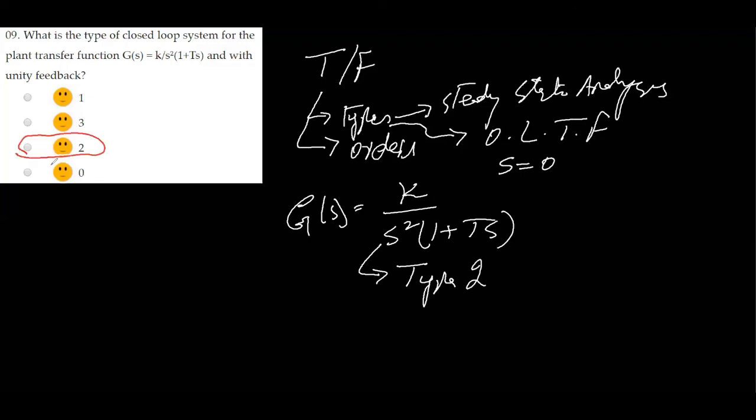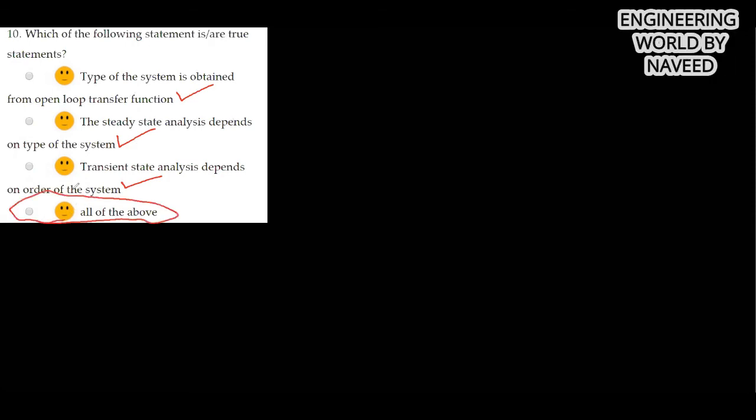Okay, next MCQ: which of the following statements is true? The type of the system is obtained from the open loop transfer function. Yes, I discussed this in the last MCQ. The steady state analysis depends on the type of the system. Yes. Transient state analysis depends on the order of the system. Yes. So option D is the correct option.